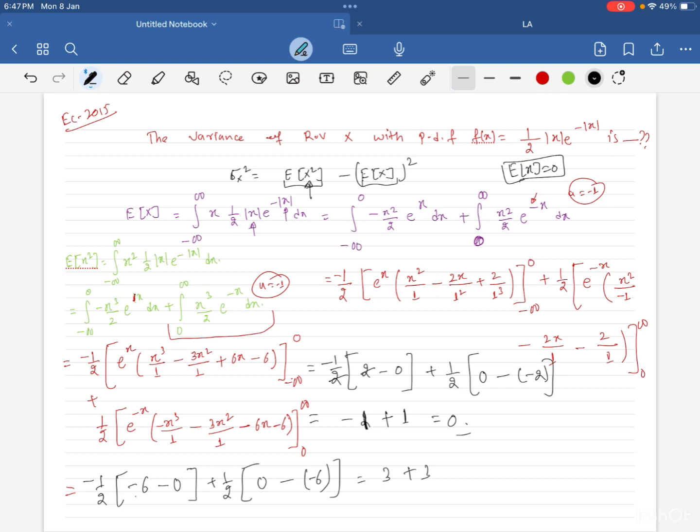I hope I have done it right, so it is going to be 6. So the expected value of x square is 6. Now we have to find the variance, that means sigma x square, and that is 6 minus 0 square, which is 6. So sigma x square is 6. That is the answer for this question.